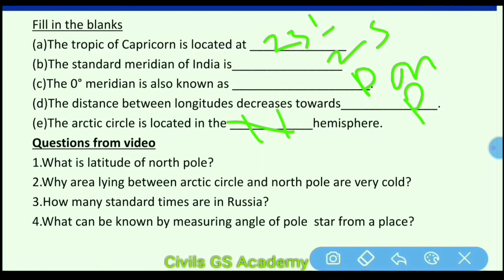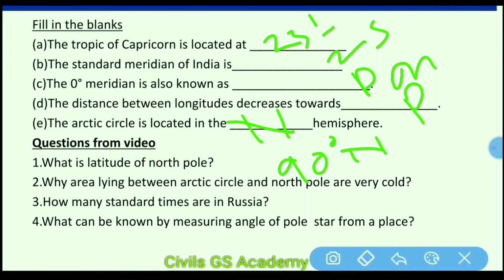Now questions from the video. What is the latitude of the North Pole? It is 90 degree north. Why is the area lying between the Arctic Circle and the North Pole very cold? I have told you in the video, so you should answer this question.